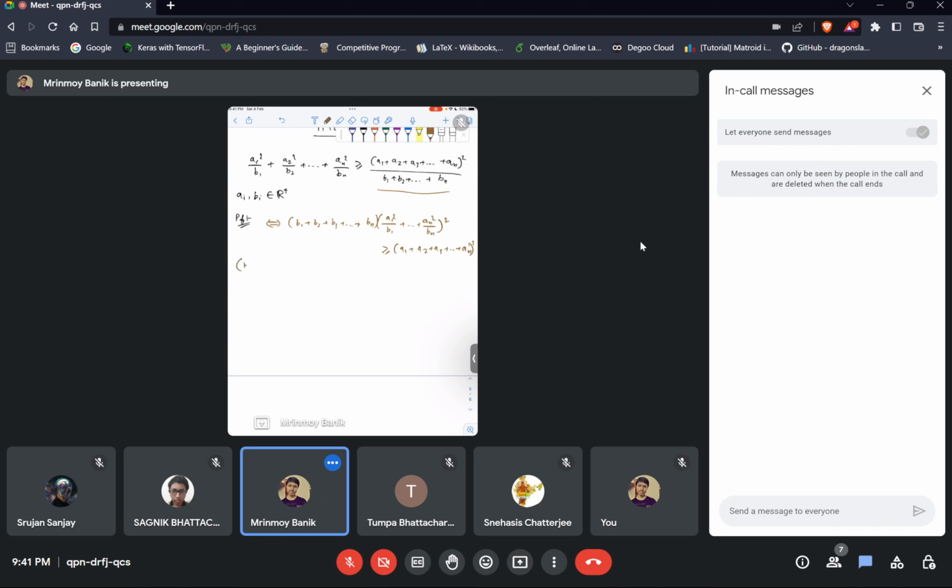Now you can take square root of b1, square root of b2 up till square root of bn as x, and a1 by square root of b1 up to an by square root of bn as y.